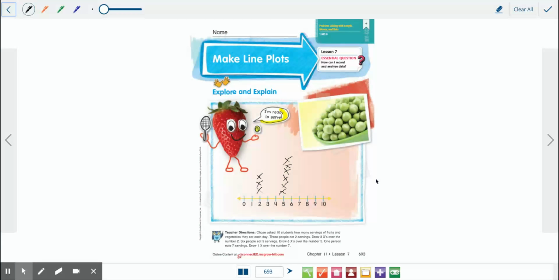And 1 person eats 7 servings a day. So we're going to put 1 X over the number 7.